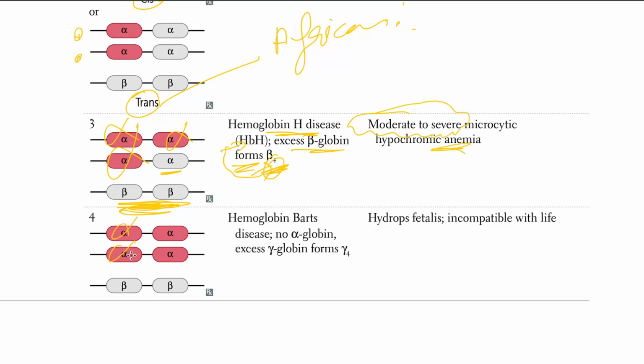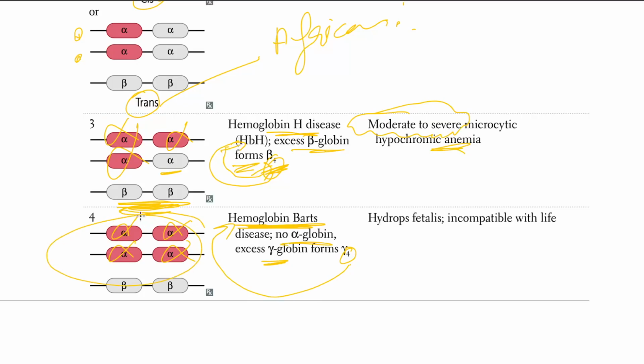Now let's knock out all 4 alphas. When we knock out all 4 alphas, now we have hemoglobin Bart's, which has no alpha globin, and you have excess gamma globin that forms gamma tetramers. So beta tetramers were the HbH, gamma tetramers are called hemoglobin Bart's.